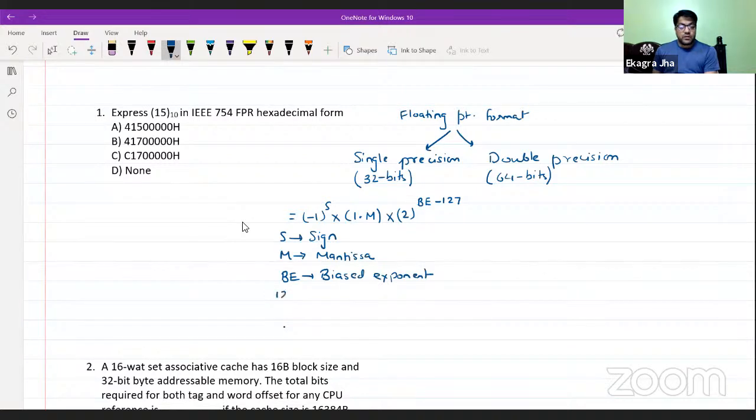And here the 127 value you are looking at is basically called the bias. Fine. So we need to find these three values so that we can have the particular format and then the calculation of the 15 in hexadecimal form. Okay. So just let me put this apart.